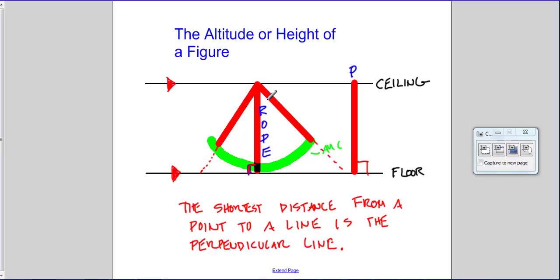This is the perpendicular line, here is the perpendicular line. Any other line is going to be a longer distance, and this is the altitude. This line is called the altitude or height.